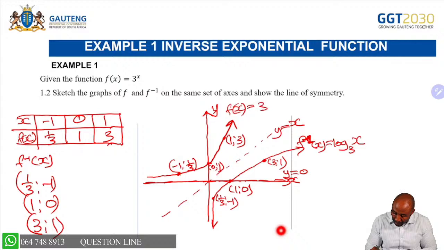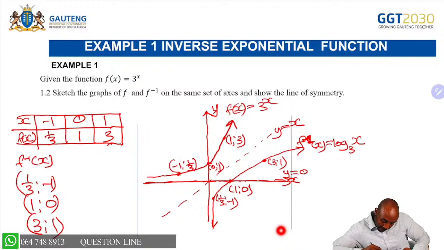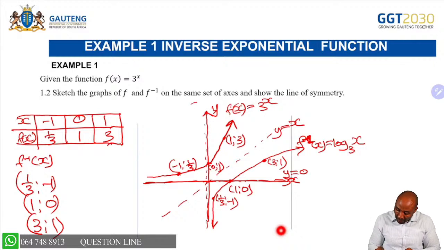That one is 3 to the power x. Now I had my asymptote as y is equal to 0. My new asymptote now, because my graph is not defined that side, is now x is equal to 0.